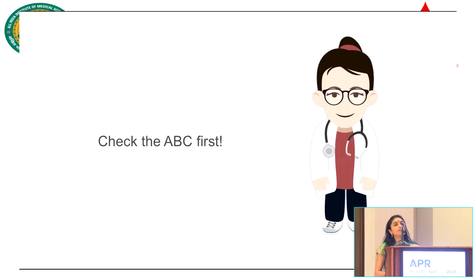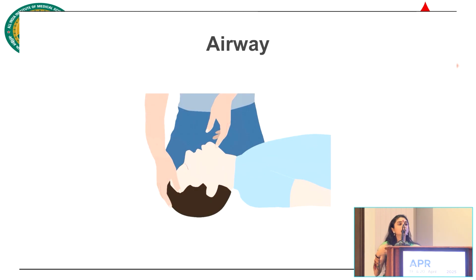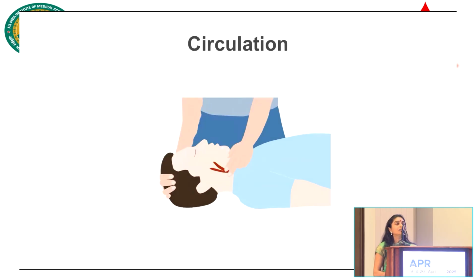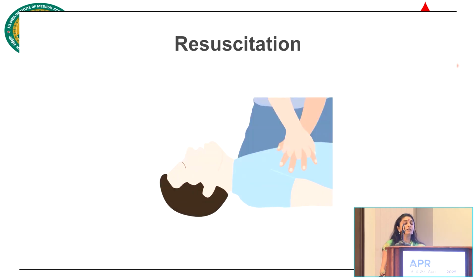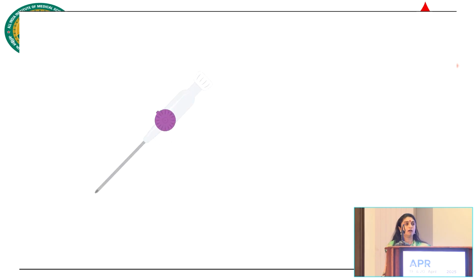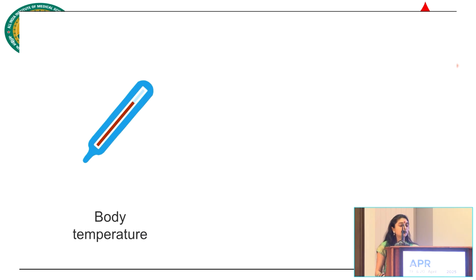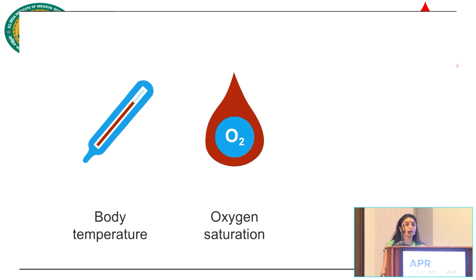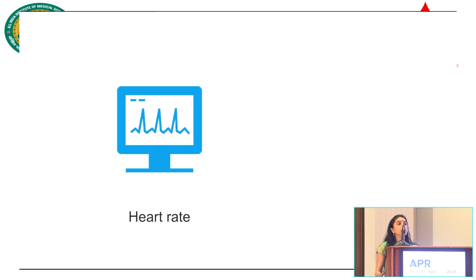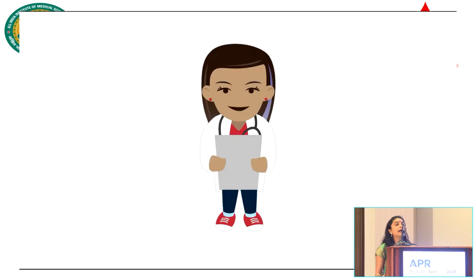Sometimes we have seen that patients are a bit agitated because of looking at the blood transfusion. So, you can always stop, give time and then restart if it is only a patient side issue. Then you have to check airway, breathing and circulation, check body temperature, oxygen saturation, blood pressure, heart rate and urine output.